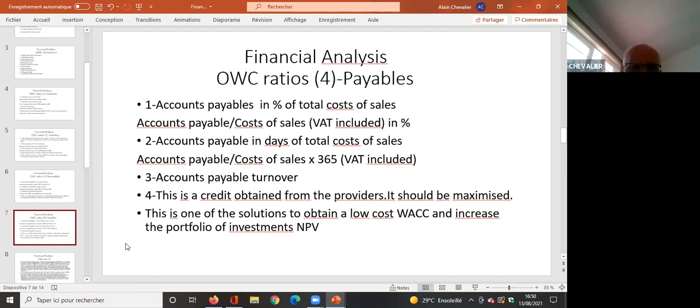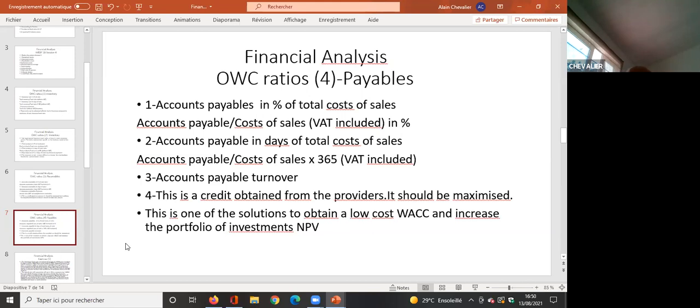The first element here is accounts payable in percentage of total cost of sales. Accounts payable divided by total cost of sales, VAT included. With the same problem, either you have an accounting system which allows you to find easily the total cost of sales, or it is difficult, and you have a problem for your accountants to solve before making the calculation, and you get anyway a percentage.